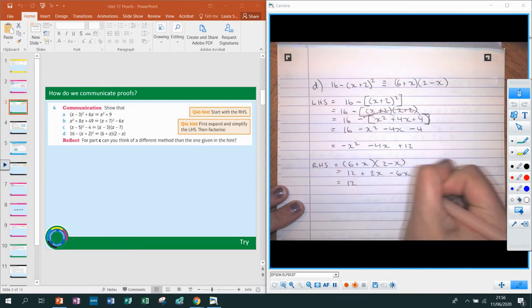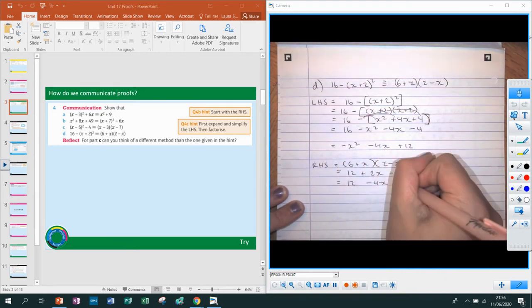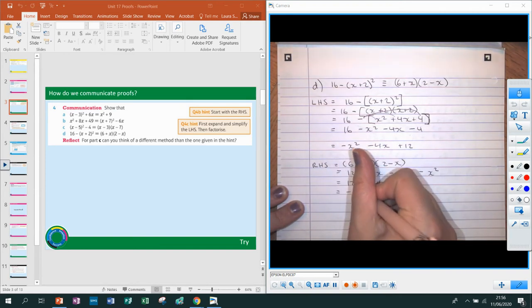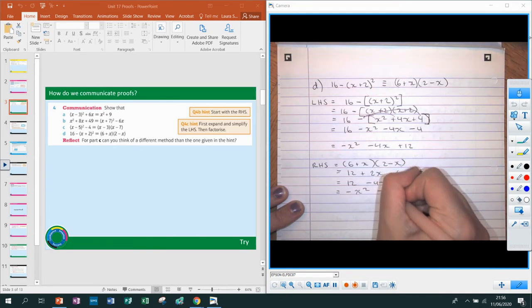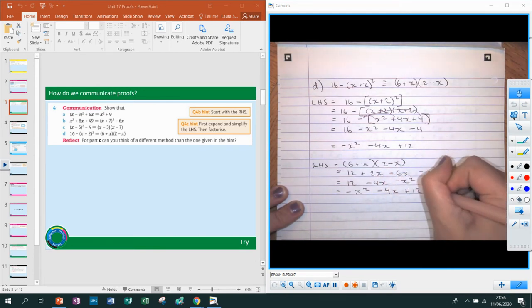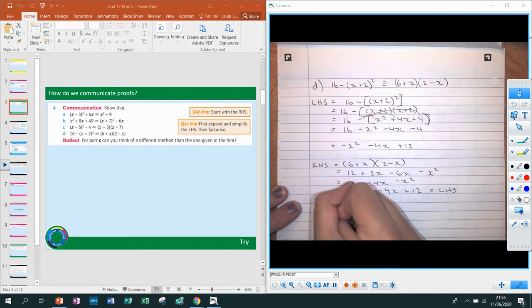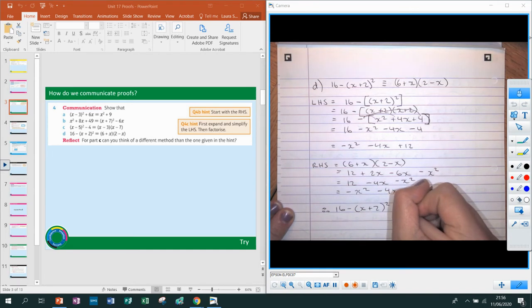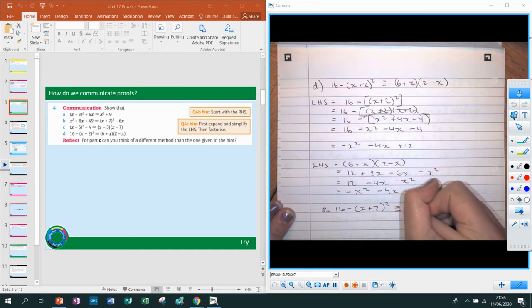So we've got 12 minus 4x minus x squared. I'm going to rewrite this out so it looks the same. Minus x squared minus 4x plus 12, which is equal to the left-hand side. So now we can state that therefore 16 minus x plus 2 squared is always equal to 6 plus x times 2 minus x.